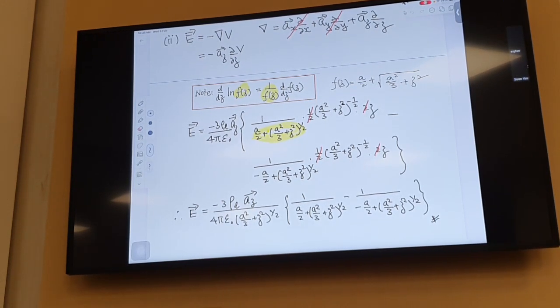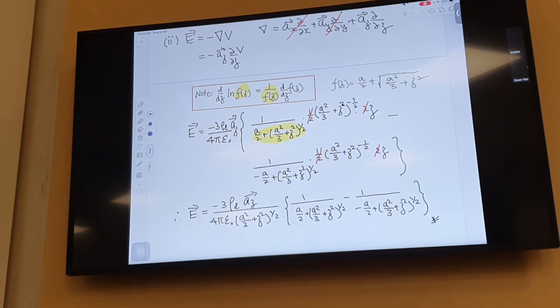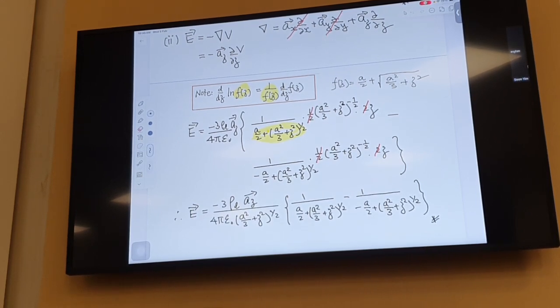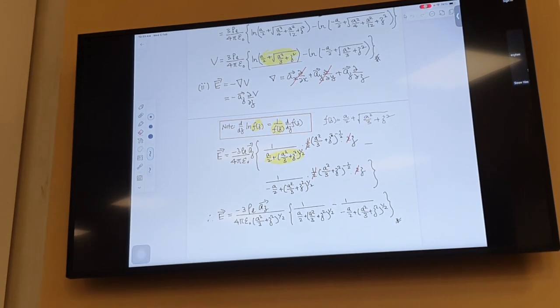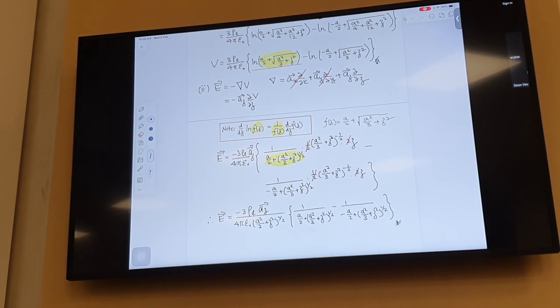Example here, when you try to differentiate f(z), if you look at the top here, suppose this is your log f(z). So this is the f(z). Because we want to do the log f(z) here, I just write it down here. If you copy here, your f(z) will be here.